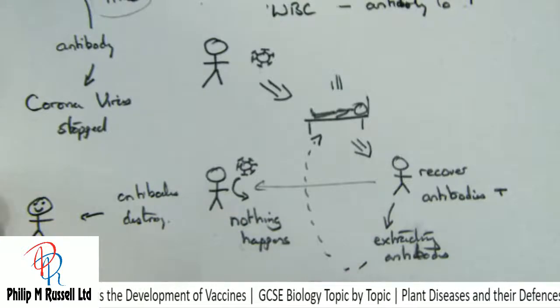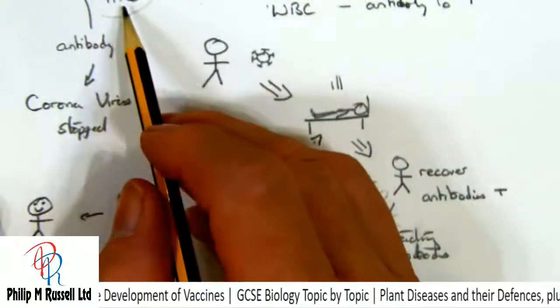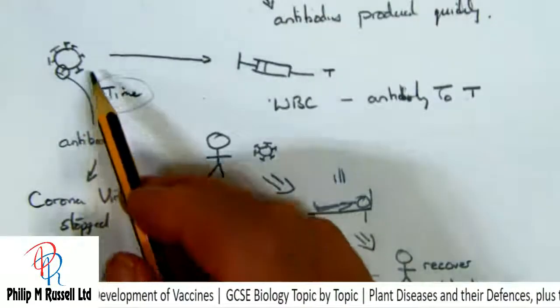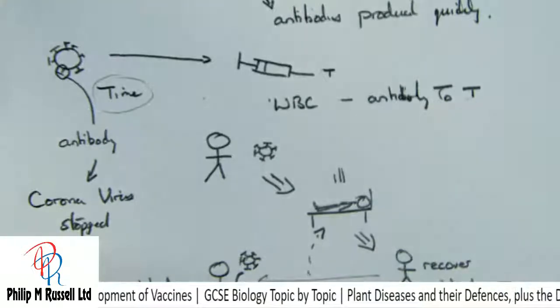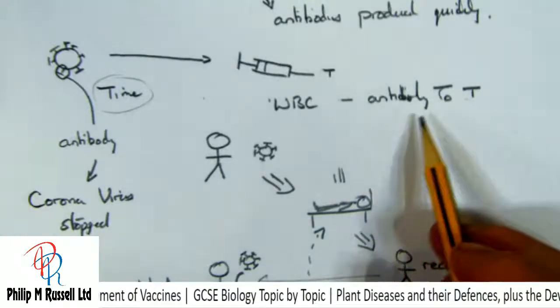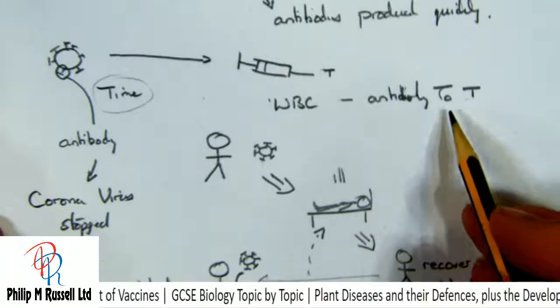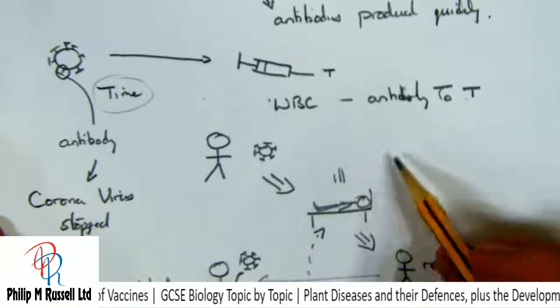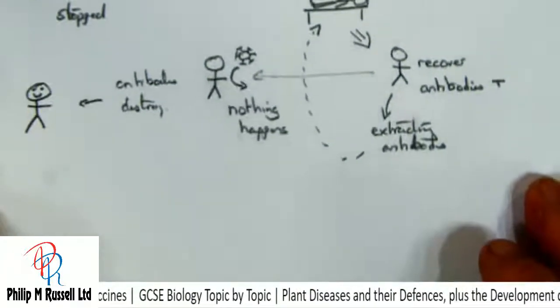Just by taking some bit off of this virus. But there are problems. The virus can mutate. There are problems that this antibody in the body doesn't last very long. And for coronavirus, we don't know.